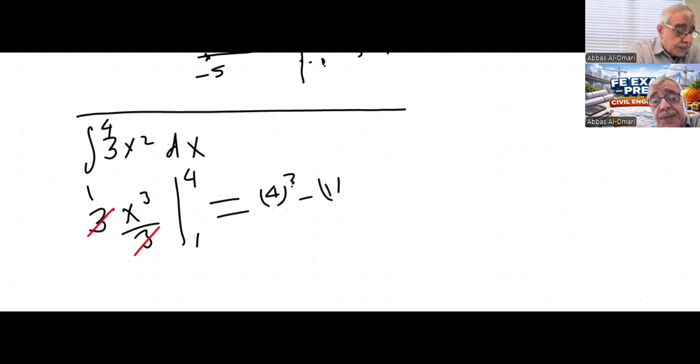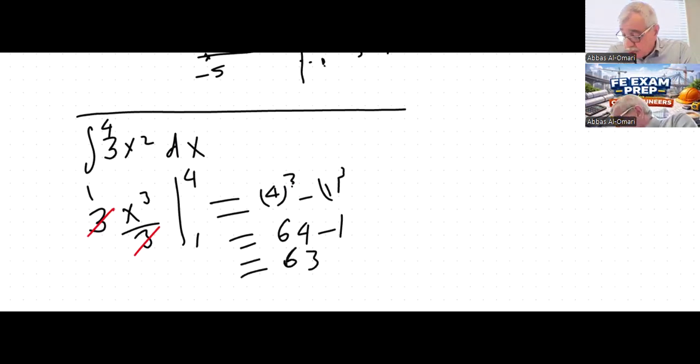So 4 cubed is 64, that's 4 by 4 by 4, that's 16 by 4, 64, minus 1. So the answer is 63. So this is the answer. Again, this is a very straightforward integration question.